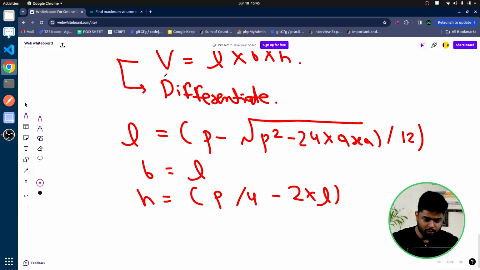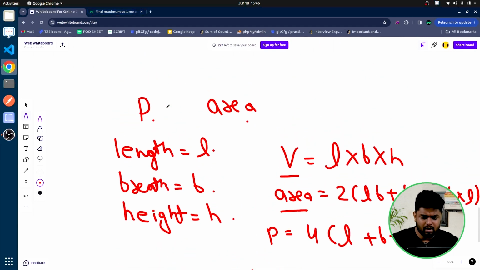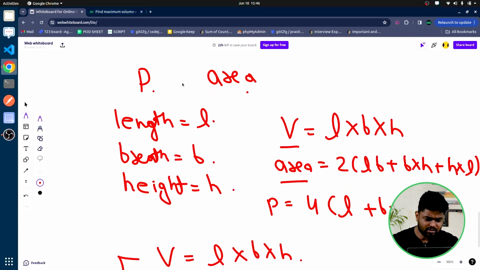Then you have to maximize the volume, which is length into breadth into height. When you substitute these, you will get a formula in terms of L, and then you can apply that to get the maximum volume. So this is what we have to do here. It's very basic, since you have been given the perimeter and the area already.